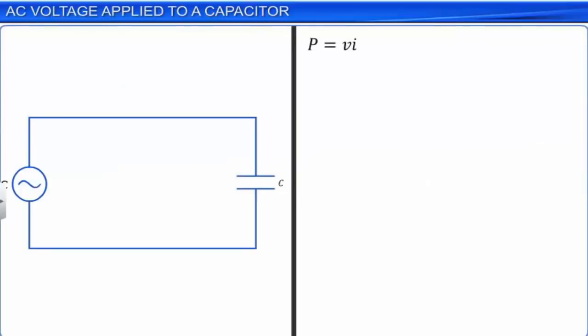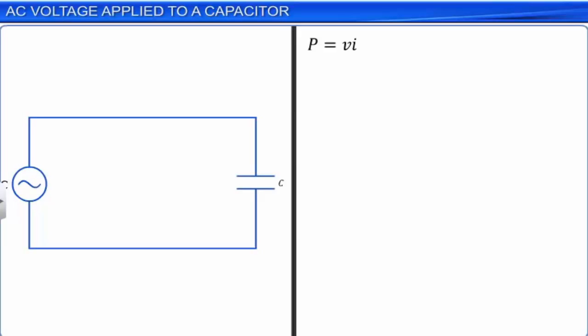Let us now try to look at power dissipation through the capacitor compared to resistance. The instantaneous power supplied, P, to the capacitor is denoted by the product of voltage with current through any circuit element.